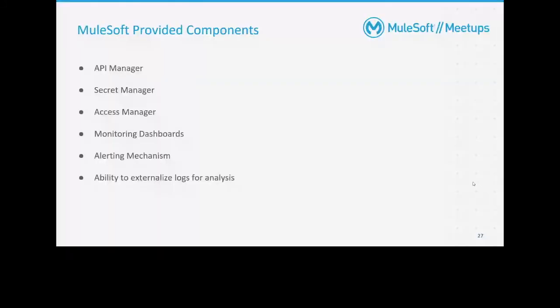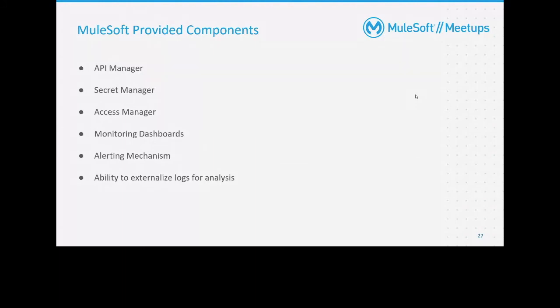So we have API Manager, Secrets Manager, and Access Management. There are lots of monitoring dashboards and tools, or ways to create custom dashboards. There are also alerting mechanisms, so there are ways to set up alerts from API Manager or from Runtime Manager.